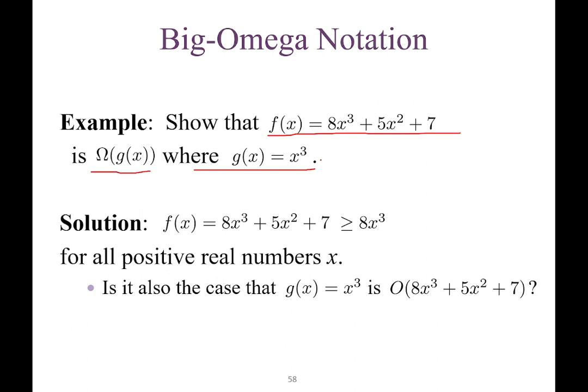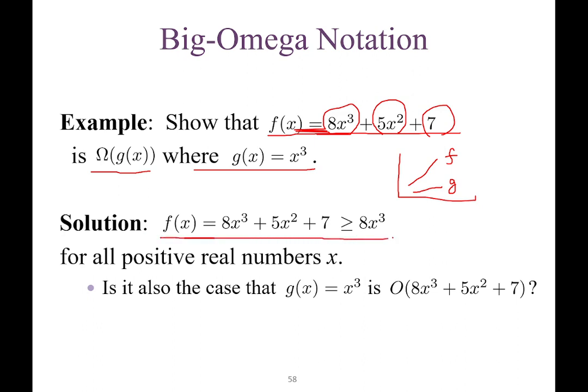This one should be easy, right? Because f of x has different terms. If you plot the functions, f of x always dominates g of x. So we can see f of x is larger than 8 times x cubed.